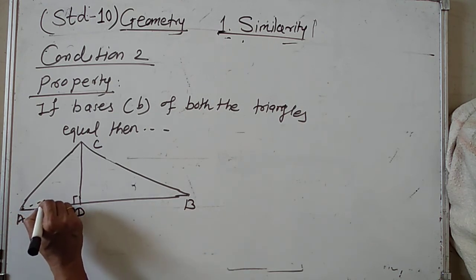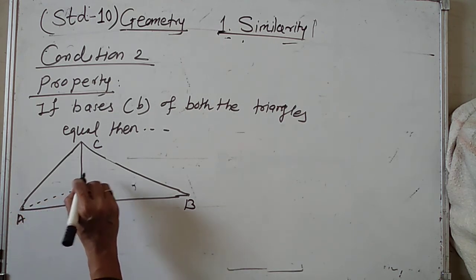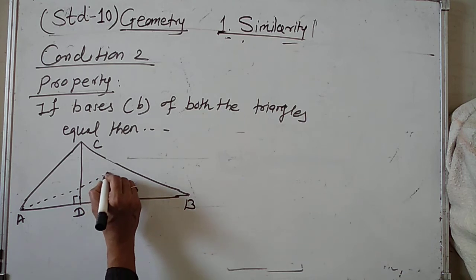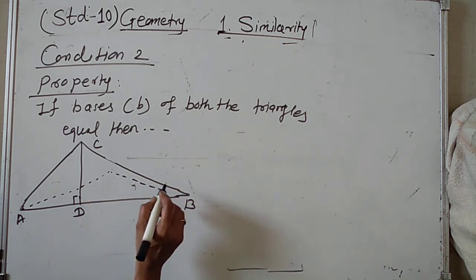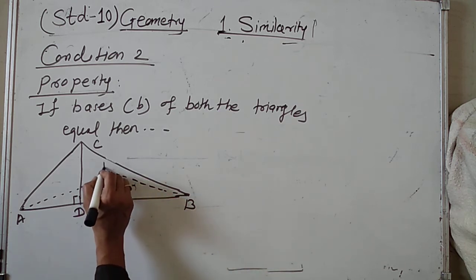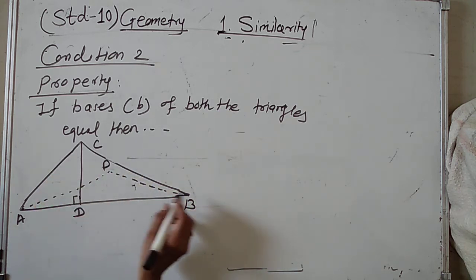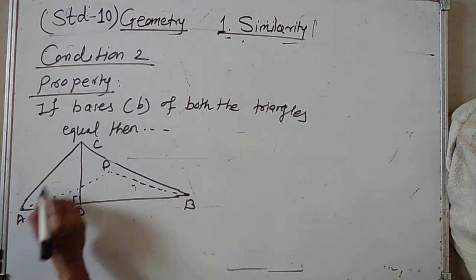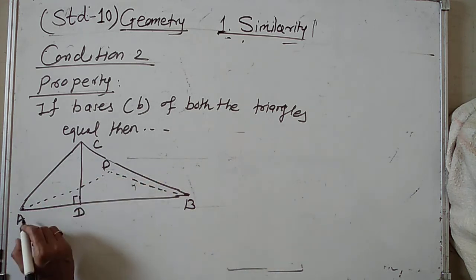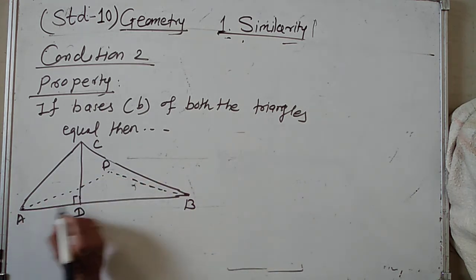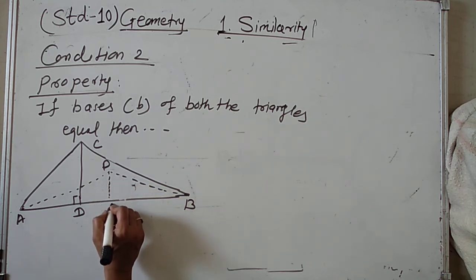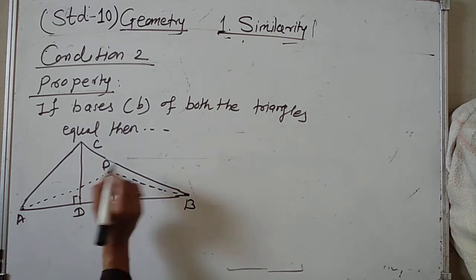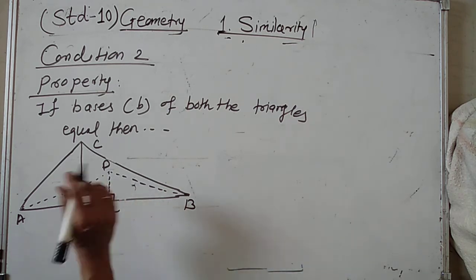Take the second triangle, here APB. Here the first triangle is ABC and the second triangle is ABP. The height of ABP is PQ. So these two triangles. Now the ratios.